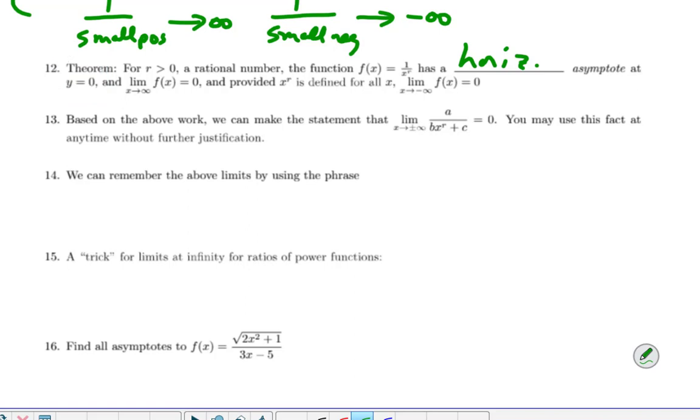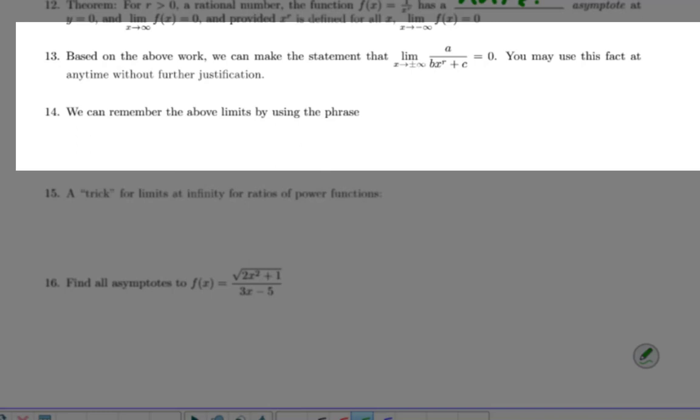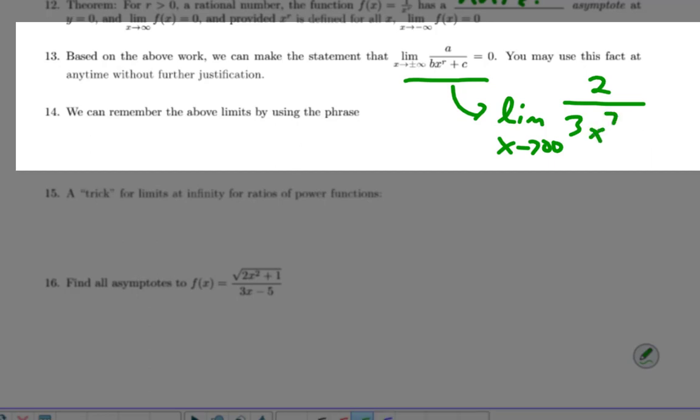All right? Now, we can take this one step further by saying, hey, it doesn't even have to look like 1 over x to the r, it could be some shifting of that expression too, and it'll still go to 0. So this statement here, I know that looks a little confusing. What I'm saying is if I asked you what's the limit as x approaches infinity of, say, I don't know, 2 over 3x to the seventh minus 6, what's that going to approach? 0. It's going to approach 0.